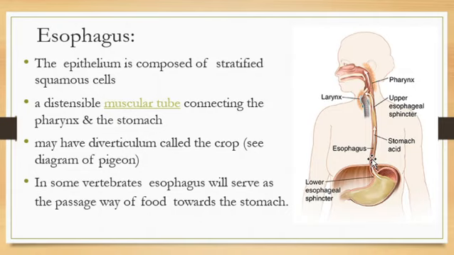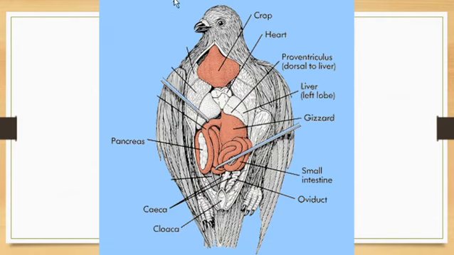Later on, you will see the crop of the bird. In some vertebrates, the esophagus serves as the passageway of food towards the stomach, like in humans. So this is a portion of the esophagus of the bird, the crop.